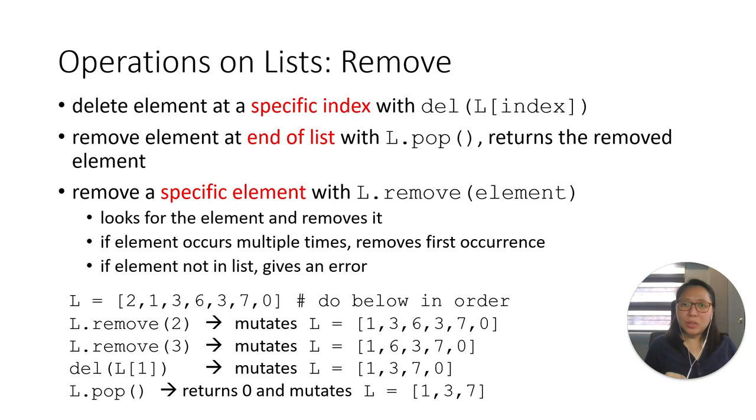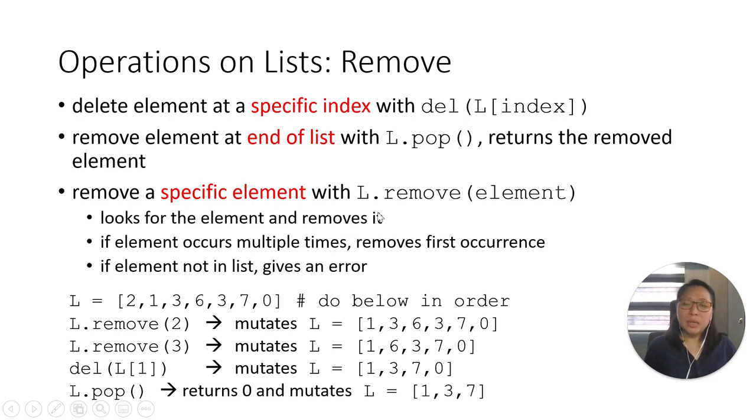To remove an element at a specific index, we can use del, with this syntax. And to remove an element at the end of the list, we can use .pop, and this one returns the removed element. We can also remove a specific element using .remove, and inside the parentheses the value that we want to remove.